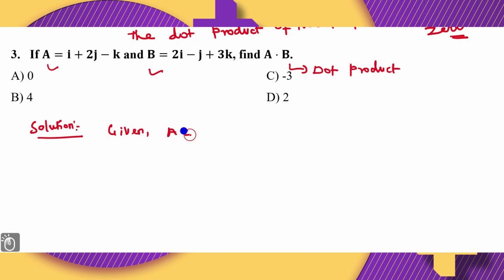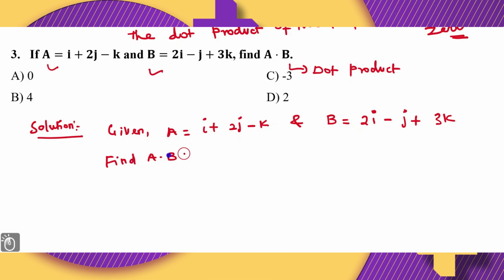Given A is equal to i vector plus 2j minus k, and B is equal to 2i minus j plus k vector. So we have to find out A dot B.